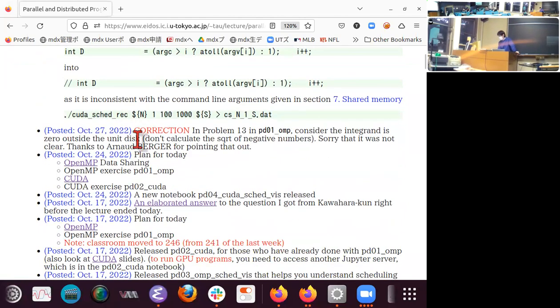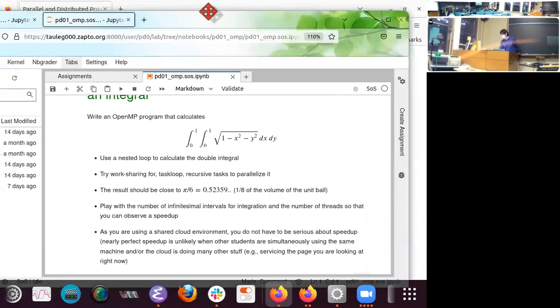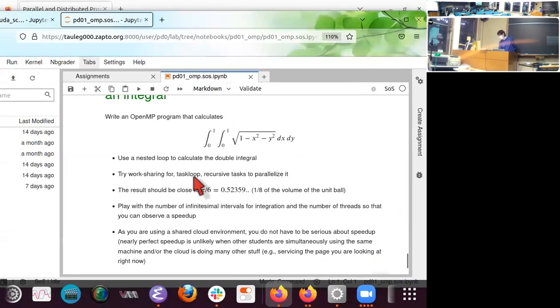The other correction is about this exercise. I hope many of you have somehow figured that out. Obviously, this square root cannot be taken for all xy's in this region. So just consider that you are integrating over the unit disk, so all the xy where what is inside the square root is positive.